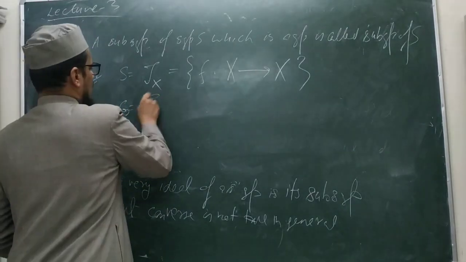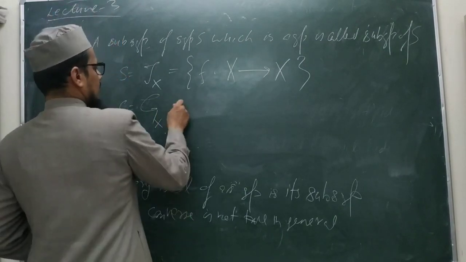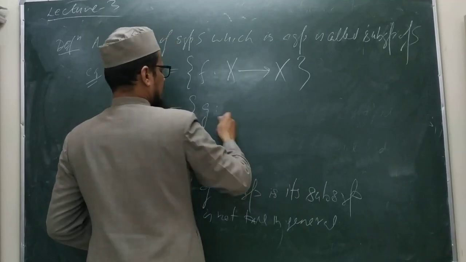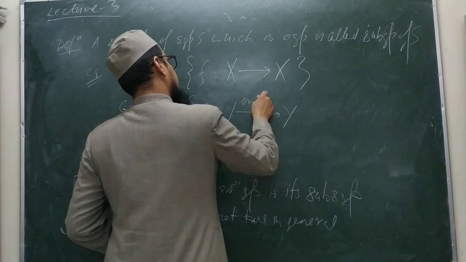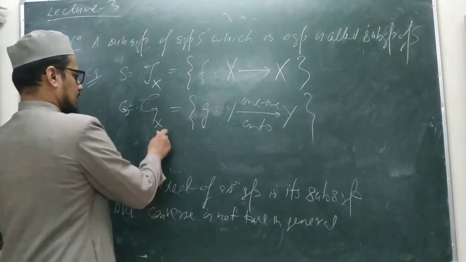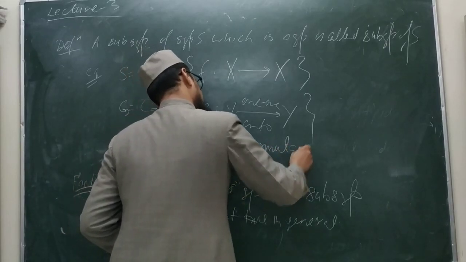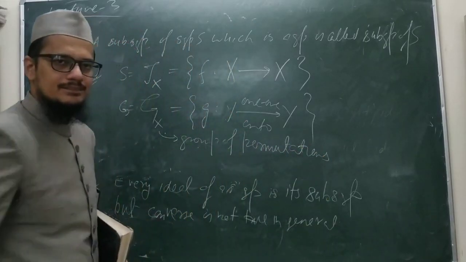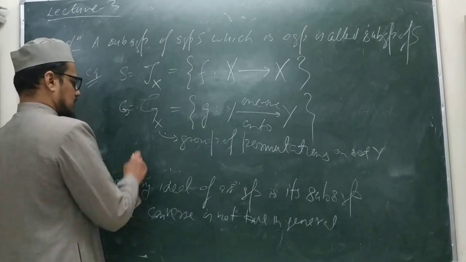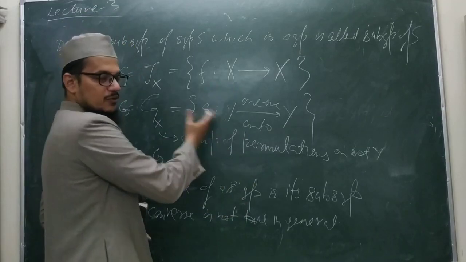You can say like this: the group of permutations on a set Y, that is, G of all one-one onto functions from Y to Y. This is the group of permutations on set Y. Then of course, the binary operation is composition here.